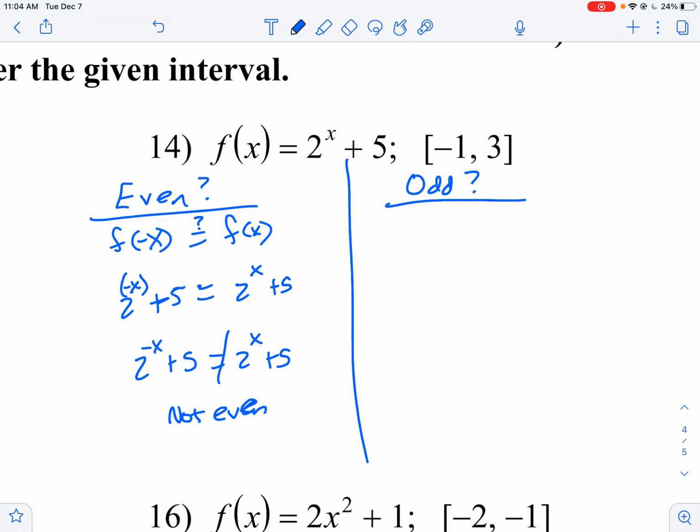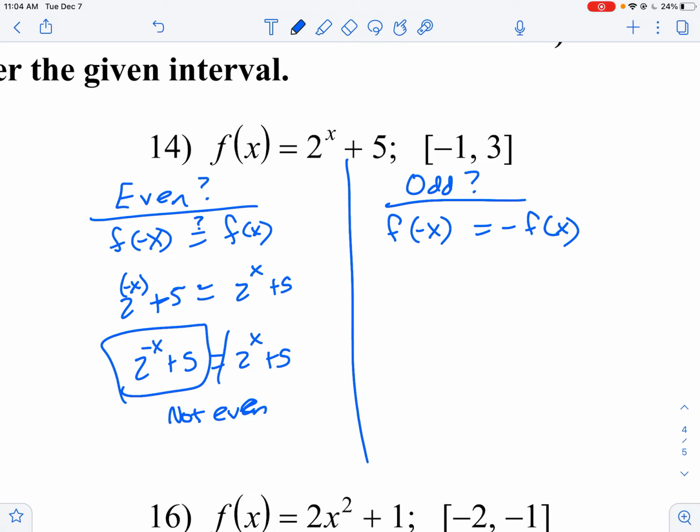The way you test if it's odd is, sorry, let me rewrite that. It is odd if f of negative x is the same as negative f of x. Okay, these are different, negative in a different spot, so it matters. We already got f of negative x over here, so I'm just going to write it again.